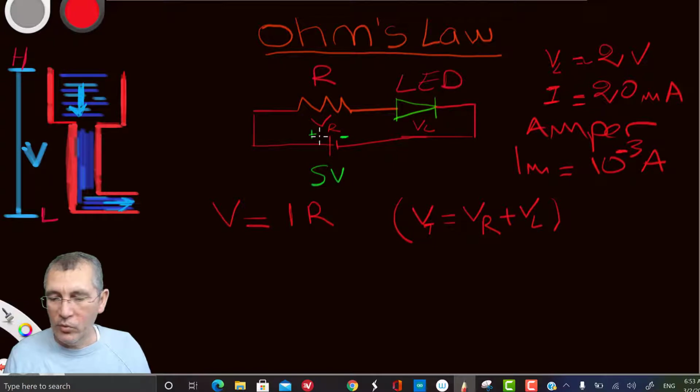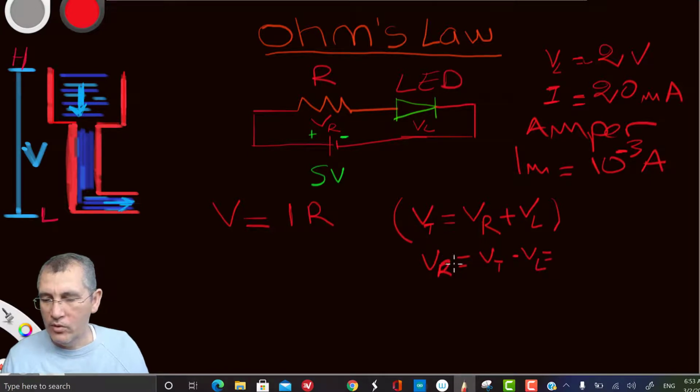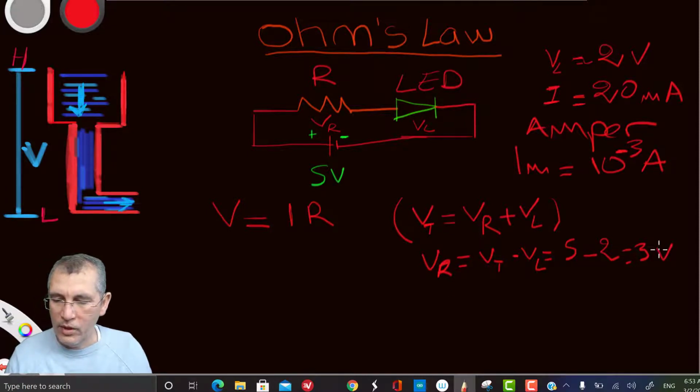For that, we use this equation here: VR equals VT minus VL, which is 5 volts minus 2 volts, which equals 3 volts. So we know VR now equals 3 volts.